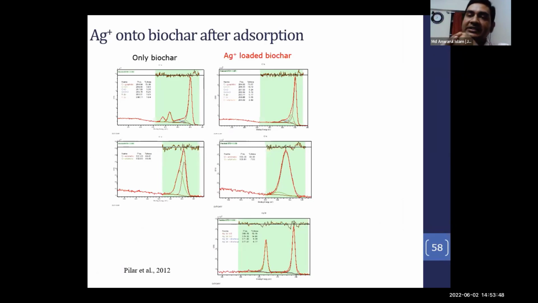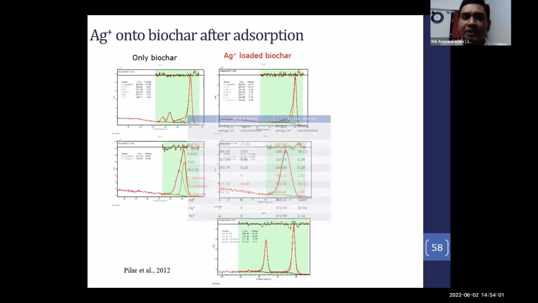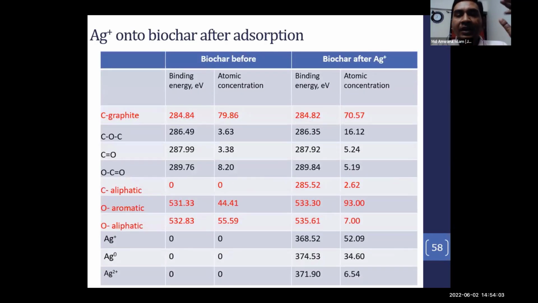So to understand this, I did the XPS analysis, before adsorption and after adsorption. The left-hand side is the before-adsorption biochar, and the right-hand side is the after-adsorption. In summary, before adsorption there was no silver because this is the virgin biochar.